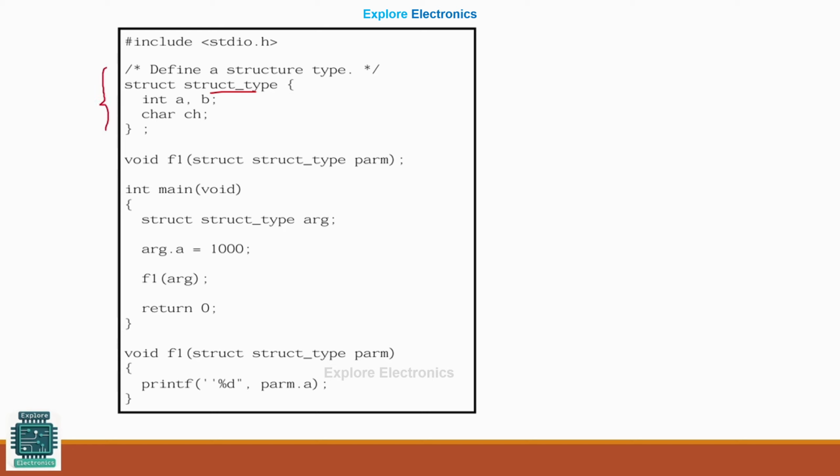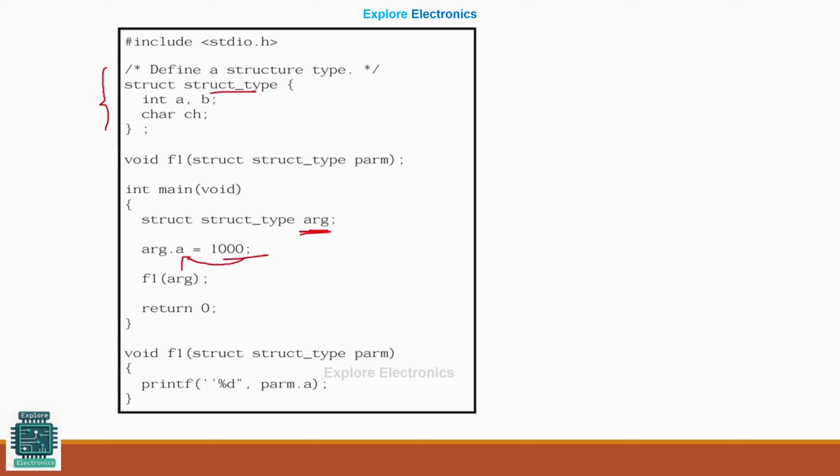In the main function, a structure variable arg is created, and the value 1000 is assigned to arg dot a.